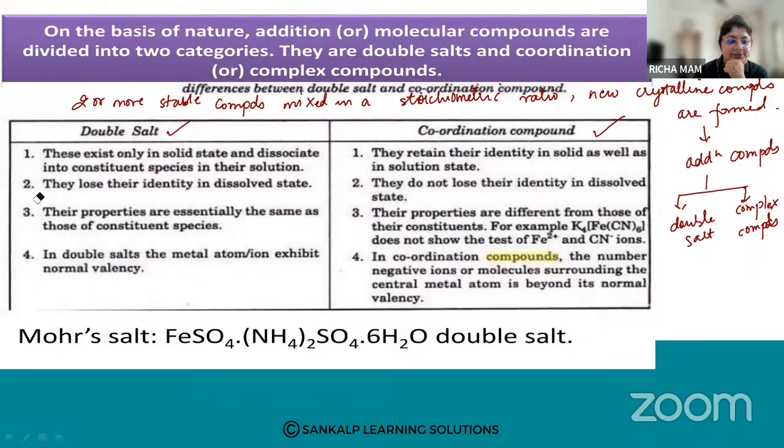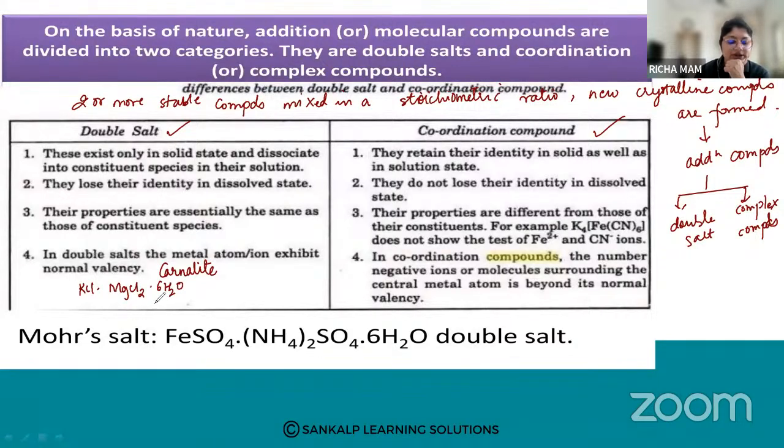Take an example of a double salt like carnallite. It consists of KCl, MgCl2, and 6 moles of water.